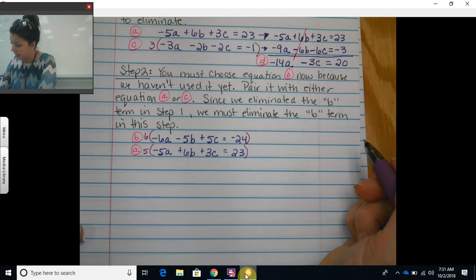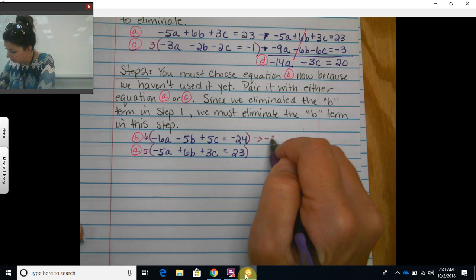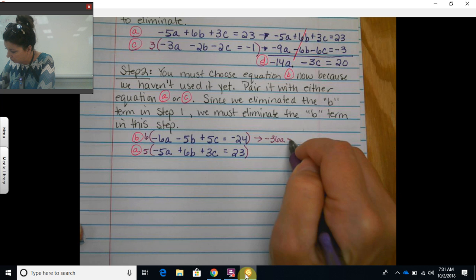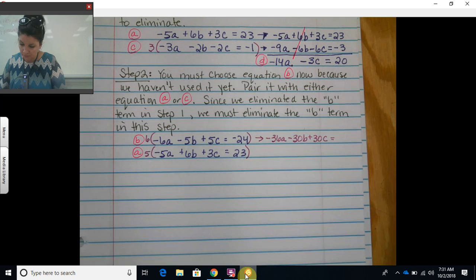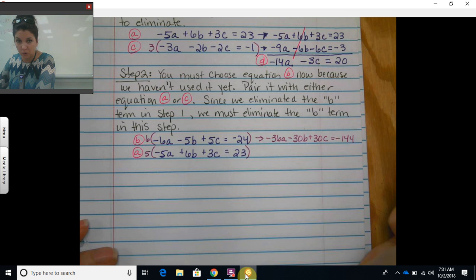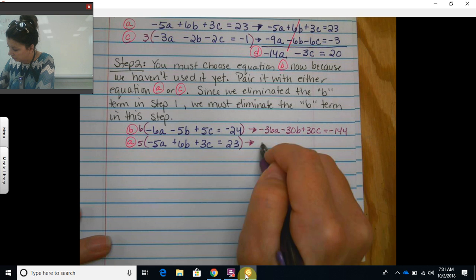So that happens. So I'm going to multiply my top equation by 6, and my bottom equation by 5. Now tell me if I make a mistake on my math.